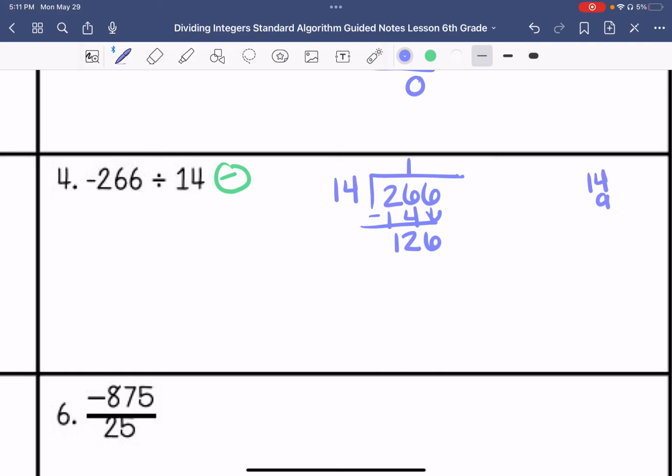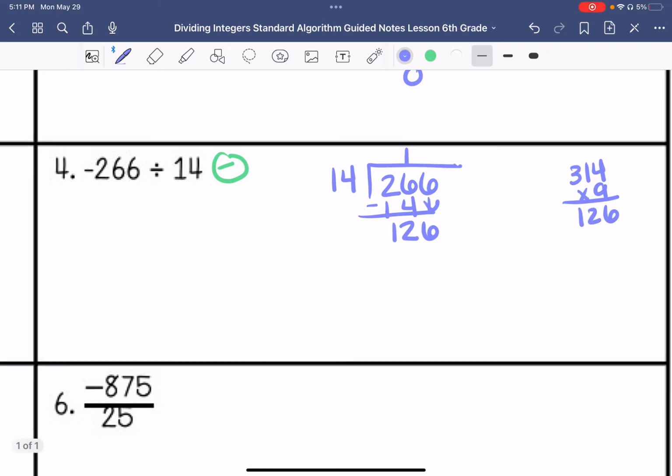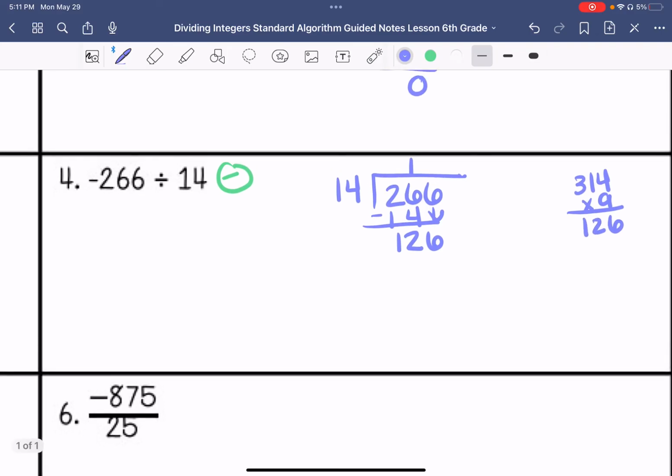Let's try 9 because 9 times 4 is 36. Yeah, that's right. 14 goes into 126 9 times. So my answer is negative 19.